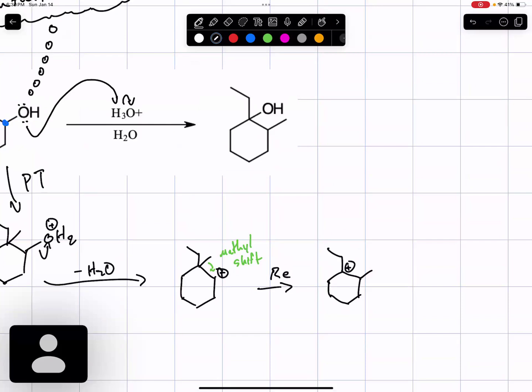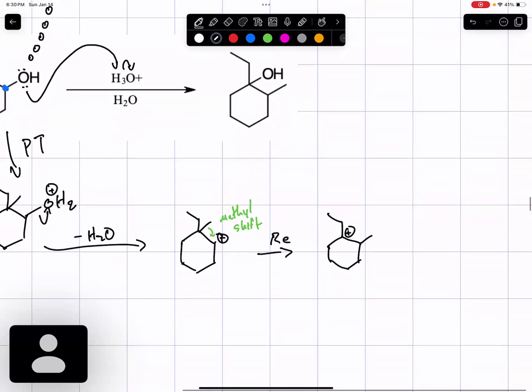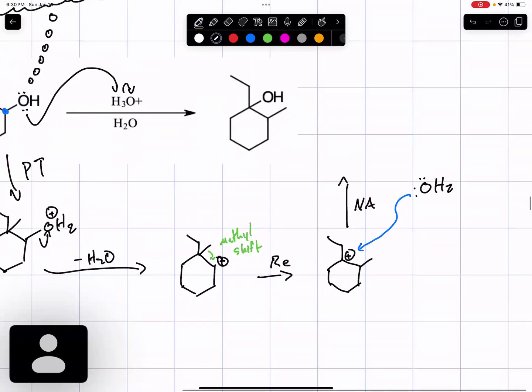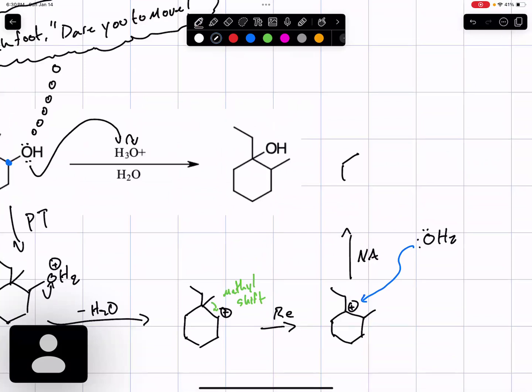All you have to do now is, it could be the same water molecule, but because this is in solution, it's very unlikely that this is the same water molecule. So you have now a water molecule attack. This would be nucleophilic attack, right? And what's the final step, Joseph?